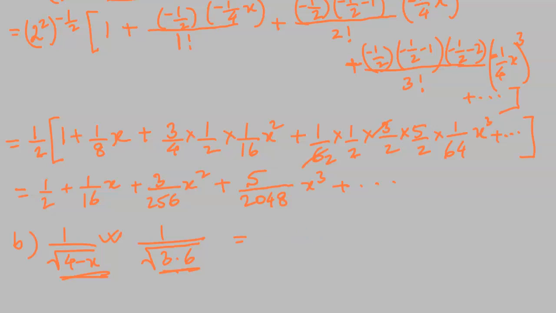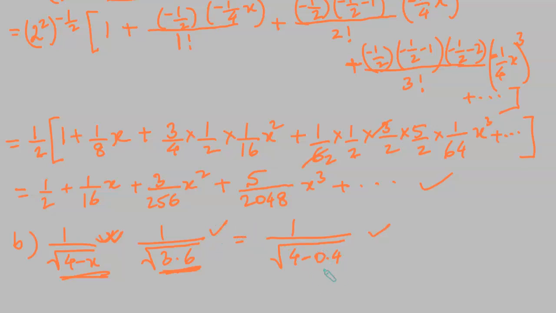So this can be written as 1 over under root 4 minus 0.4, because 4 minus 0.4 is equal to 3.6. Okay. So we have seen the expansion of 1 over under root 4 minus x. And now we are asked to give the value of this using the expansion.